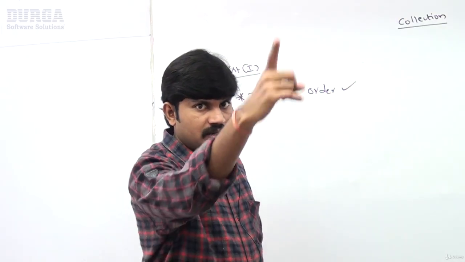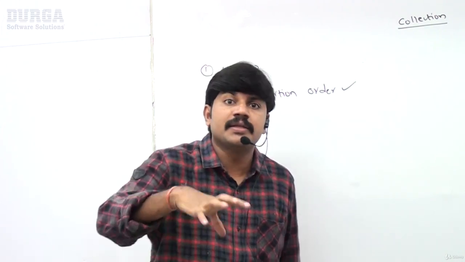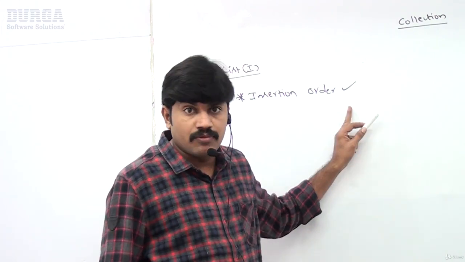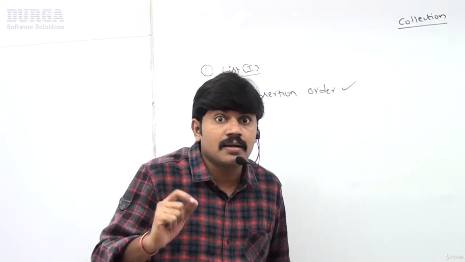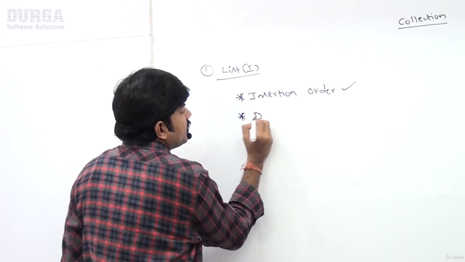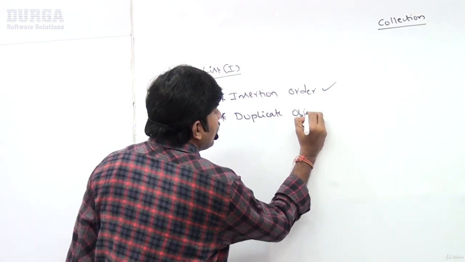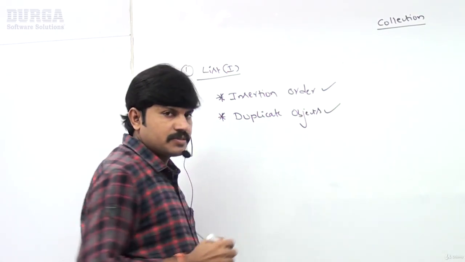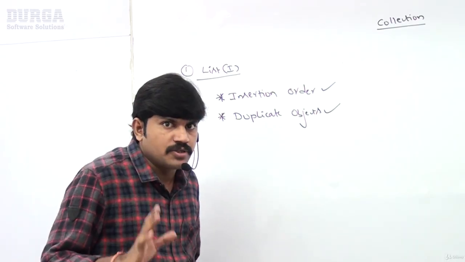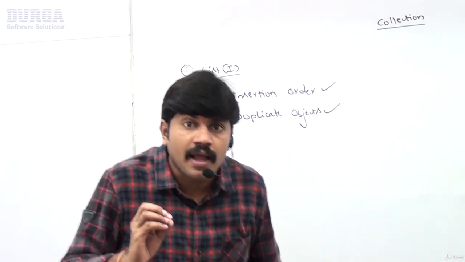In whichever order we inserted, in the same order the data should be saved inside memory. Insertion order must be preserved, and duplicate objects are allowed. If you have this type of requirement, then happily we can go for the list concept.